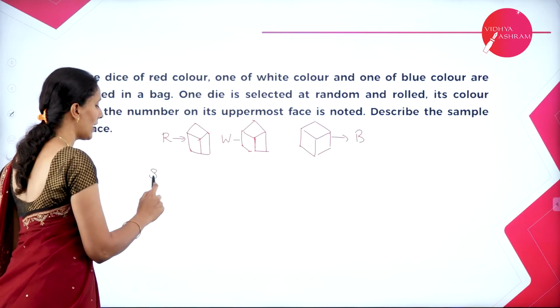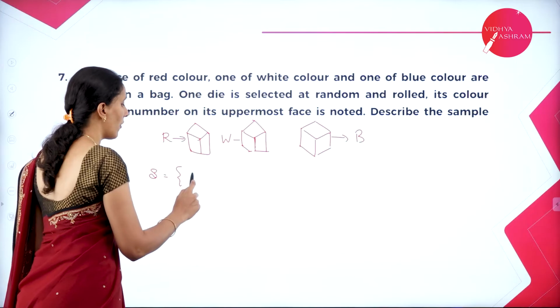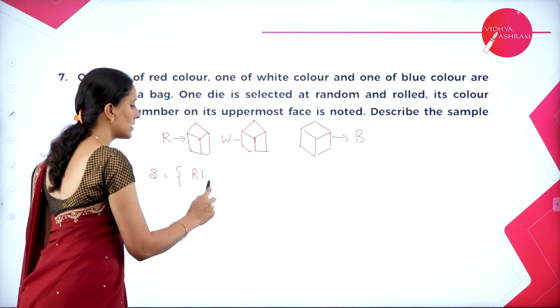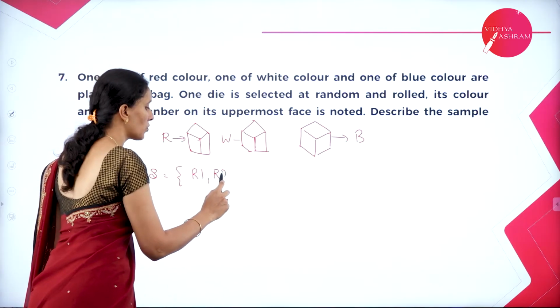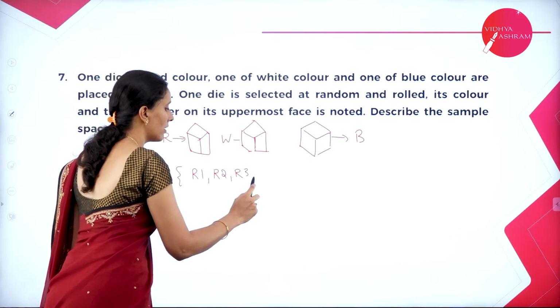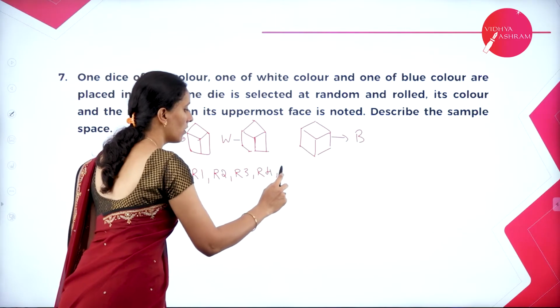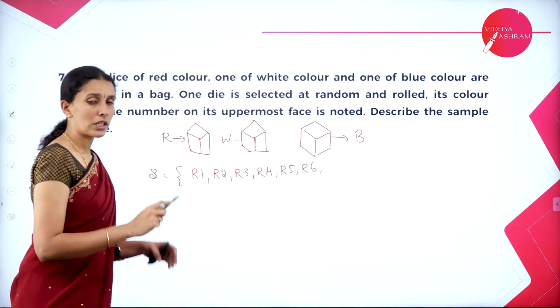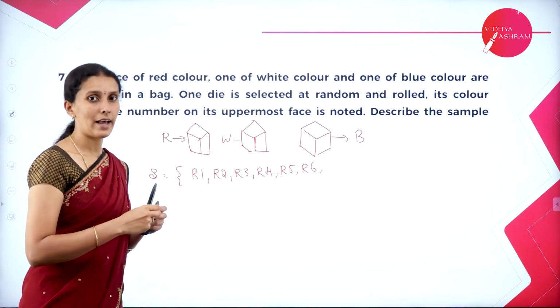So we will write it as, you might choose red. The uppermost face may show 1. Similarly, you might choose red which shows 2. Like this, R3, R4, R5, R6. So these are the results when you take the red die.